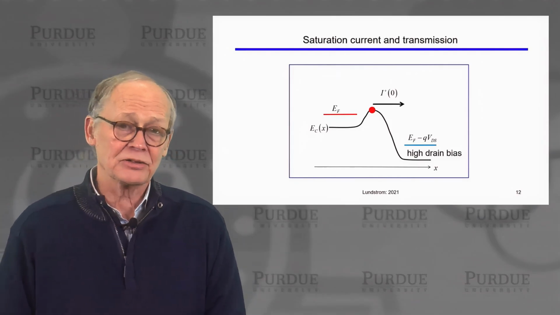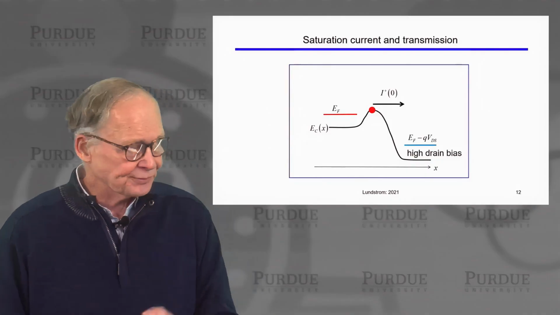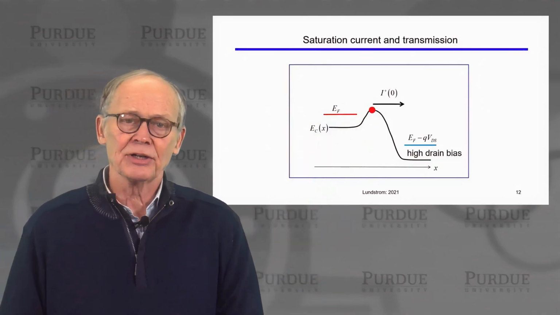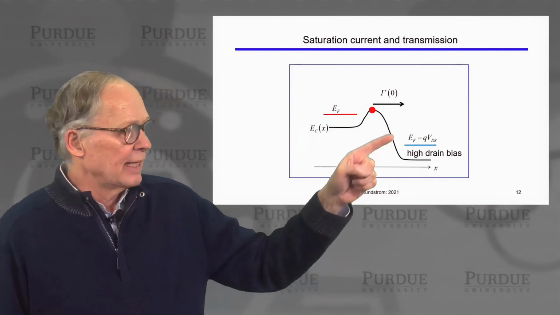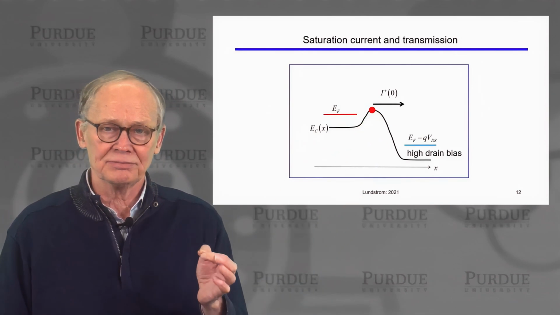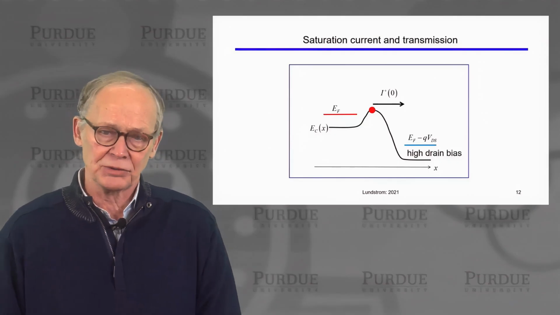Now let's look at the currents that are flowing inside this MOSFET. There are electrons that are injected from the source over the barrier and into the channel. They give us a current that I'll call I plus of 0. X equals 0 is the location of the virtual source.